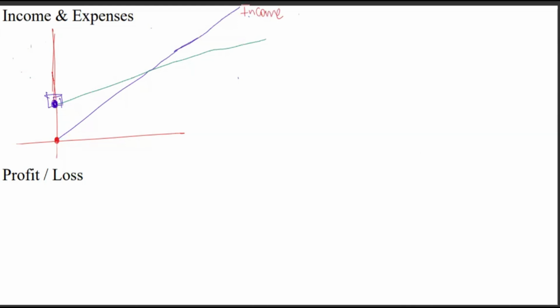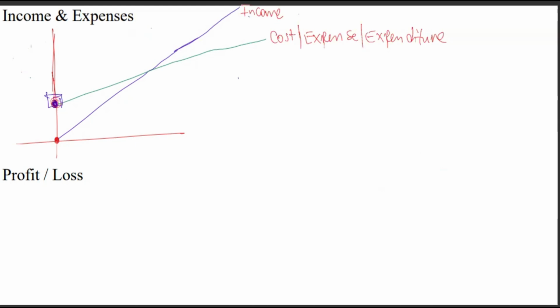Because if you sell nothing, you get nothing. And this other one, it's what we call the cost, or you can name it expense. Expenses. If not, you can say it's expenditure.